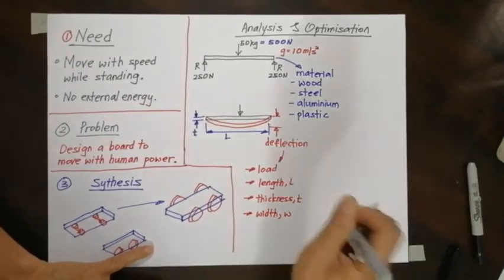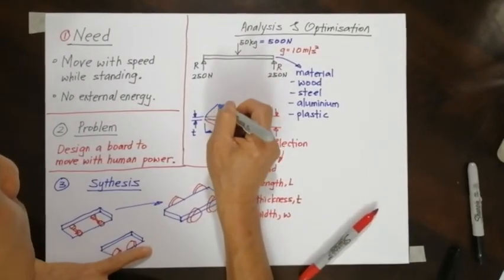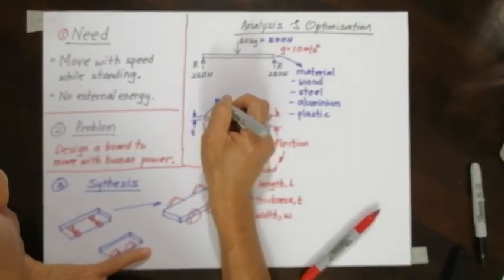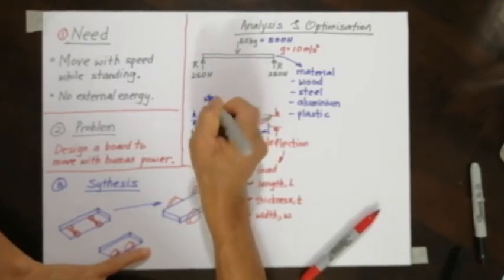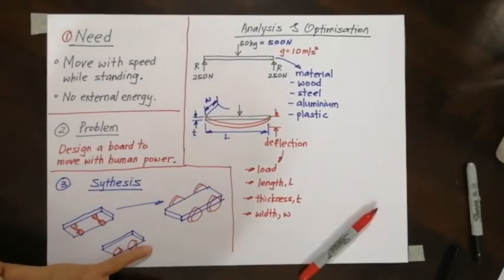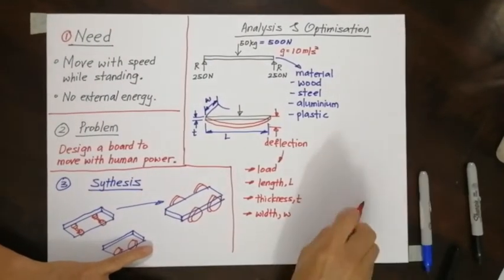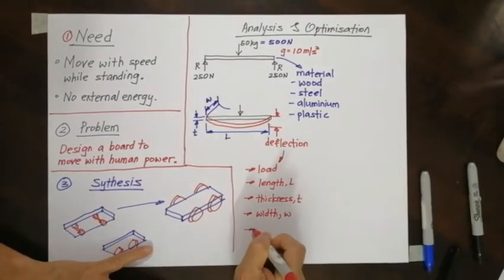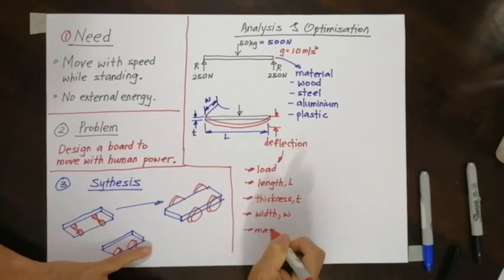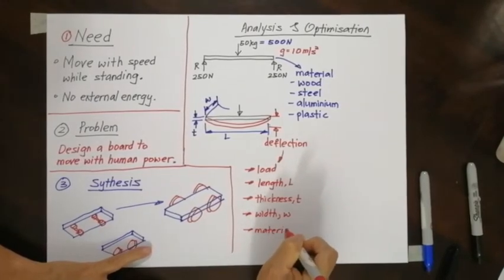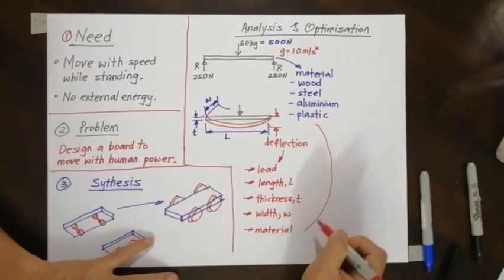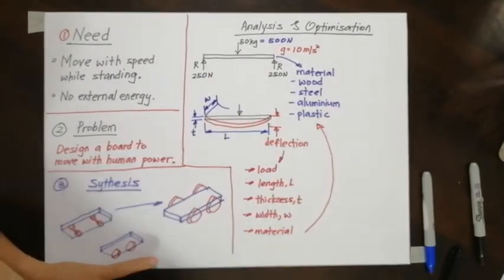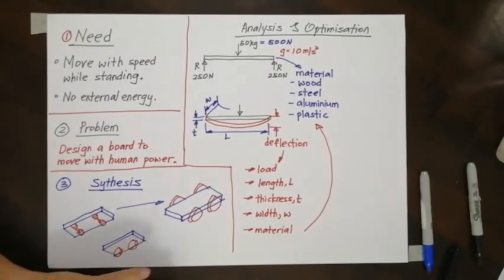Let's say the board is this, so this will be the width. And maybe we should not miss out the material. Oh, that's beautiful. You see, the material is here, and this material actually comes up from here, you see? So the material plays a part over there.